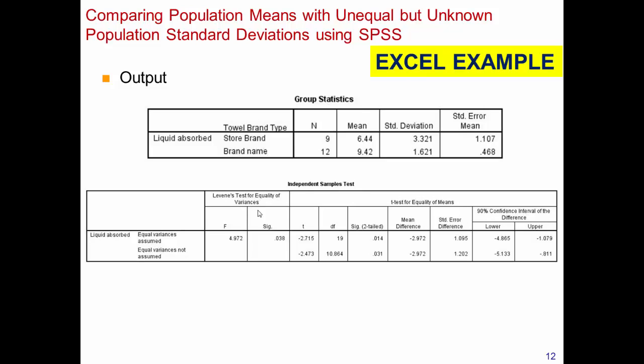And the F-test, if you remember, we've discussed before, is when we have one variance divided by another variance. In this case, these are the variances of the two different groups, the store brand and the brand name, and we get our F-test. And the significance is the two-tailed p-value associated with the null hypothesis that the two groups have the same variance.